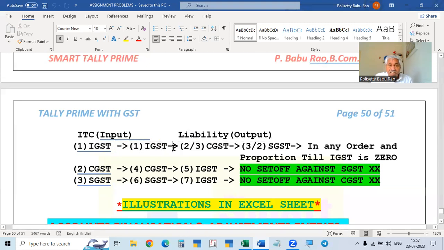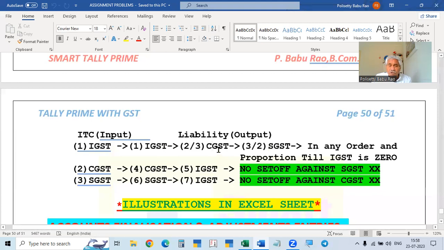If there is still balance, then it will go to the CGST and SGST, and the method of adjustment against these two is not in a particular way. It can be done in any order, either only SGST or only CGST or both, and in any proportion, any amount.